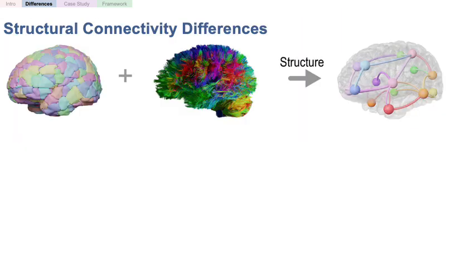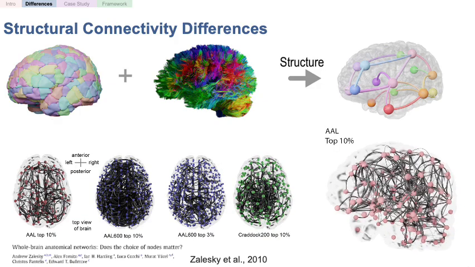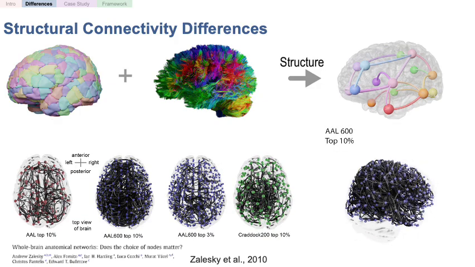Now, I know that many people that use these atlases are in the network world and create connectivity matrices based off an atlas. What I wanted to know is how connectivity, specifically structural connectivity seen here created from diffusion imaging, changes across parcellation scales, which was shown in the now classic paper by Zalesky et al. back in 2010, but also how does structural connectivity change across different atlases commonly used in the literature.